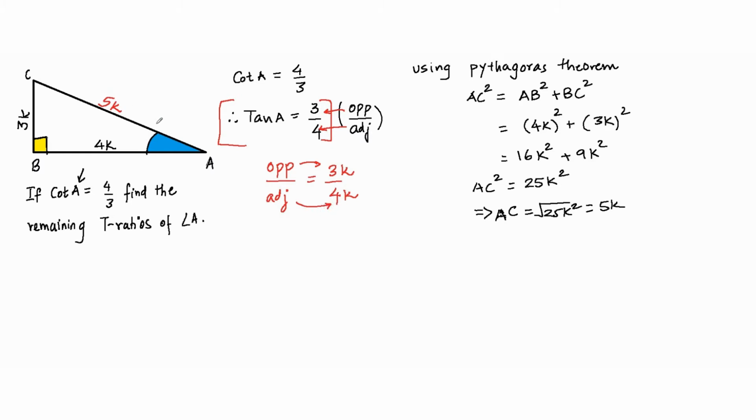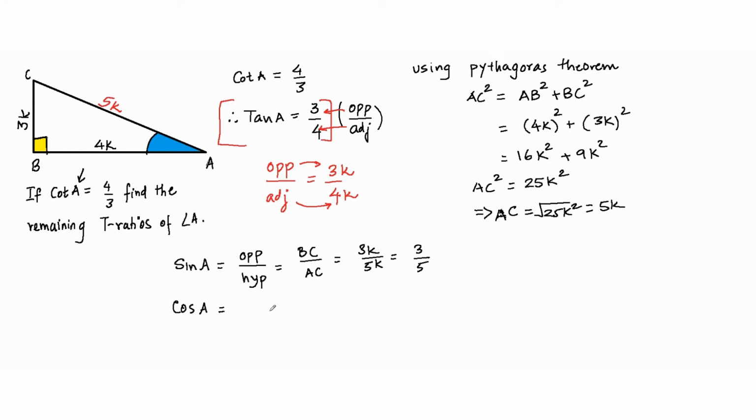So now I have found the hypotenuse, which is also 5K, and I need to find the other trigonometric ratios now. So sine A can be written as opposite upon the hypotenuse. So with respect to A, the opposite side is BC and the hypotenuse is AC. So that's going to be 3K upon 5K, which is basically 3 by 5.